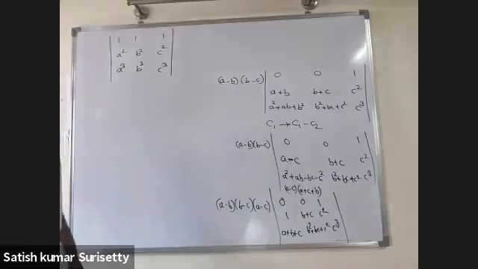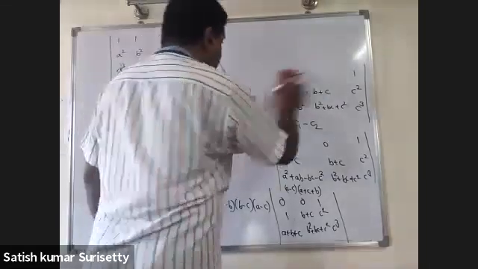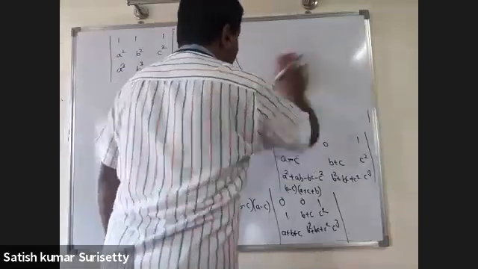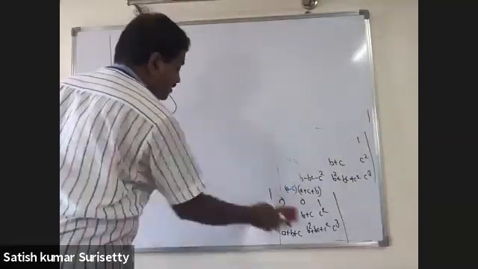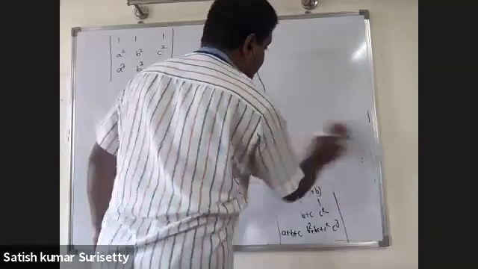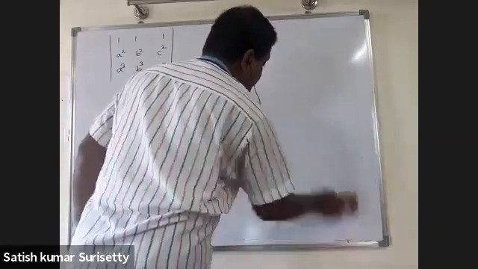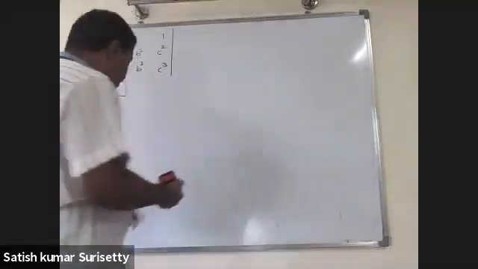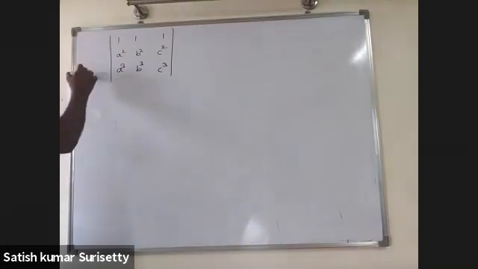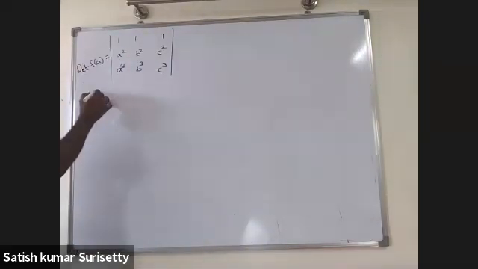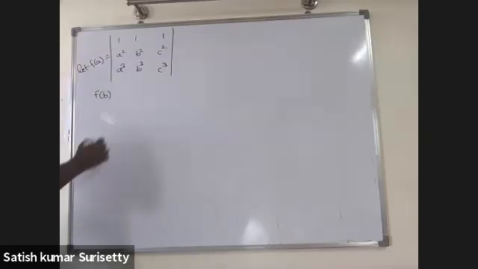Have you got the answer? Yes, sir. Okay. Now second method, using factor theorem again. Consider the given determinant as f of a. Now again f of b, is it 0?